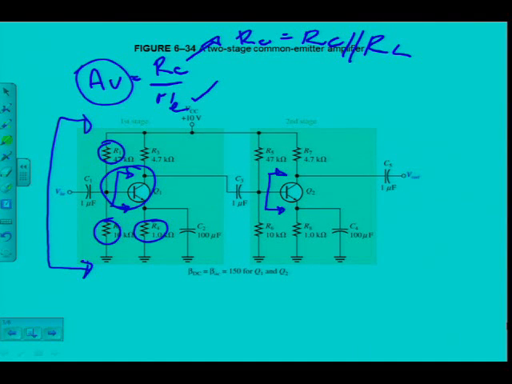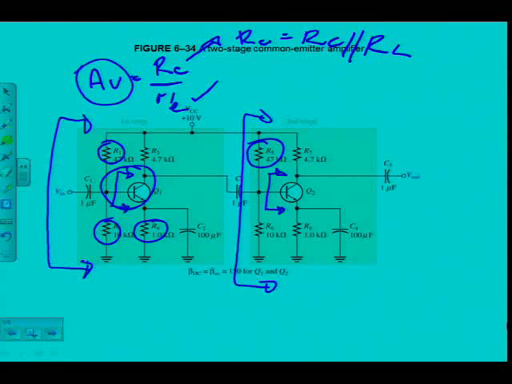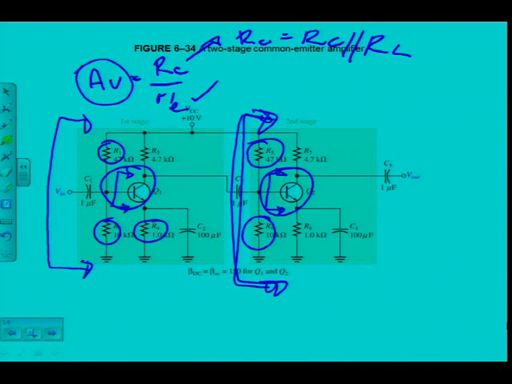In this case, it would have been beta AC times R accent E, because RE is bypassed. And then the total input resistance, in this case, there's the voltage divider. It's just named differently. R5 in parallel with R6 in parallel with R in at the base. You're with me? So I've got here a complete input resistance. Do you agree?